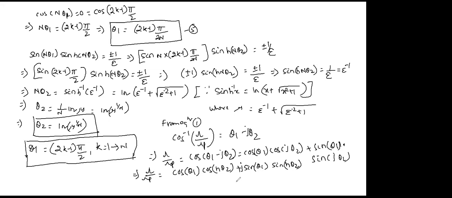Now what is my next task? What I want to do? Next I want to put this value of theta 1 and theta 2. Let this is equation 6, this is equation 7, and this is your equation 8. Means what you got here, omega by omega p equals to cos theta 1 cos hyperbolic theta 2 plus j sin theta 1 sin hyperbolic theta 2.